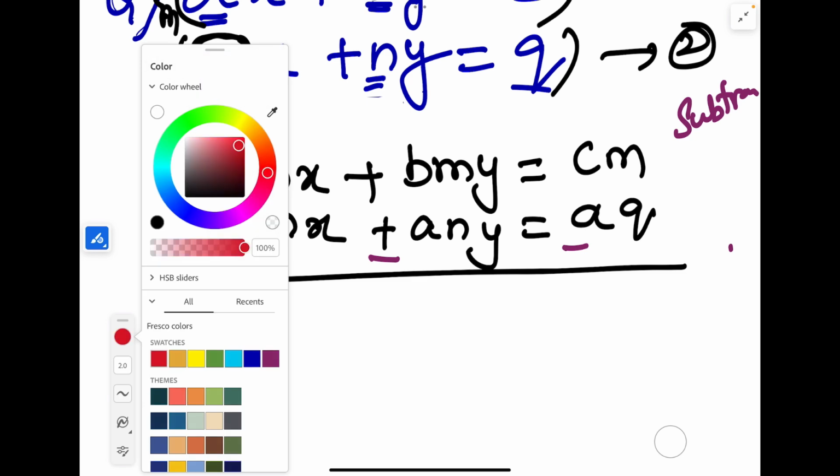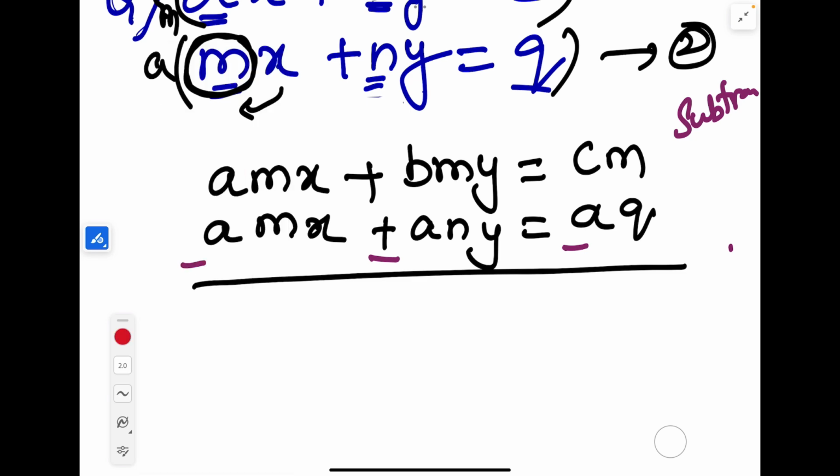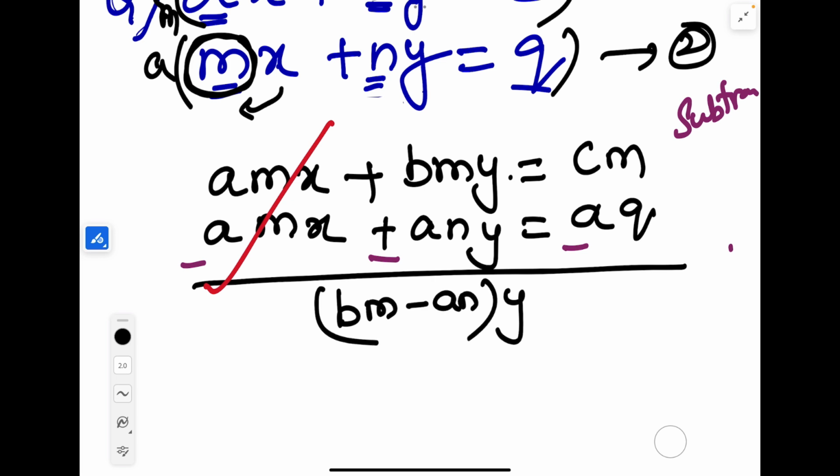Okay. Now see here, amx minus amx will get cancelled. my minus any will become bm minus an times y, because y is common over here.